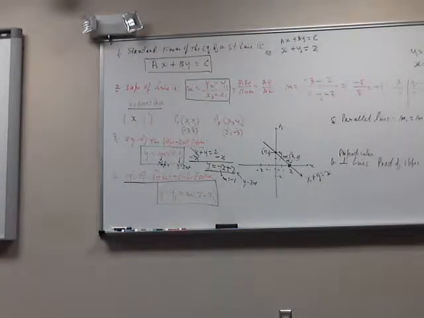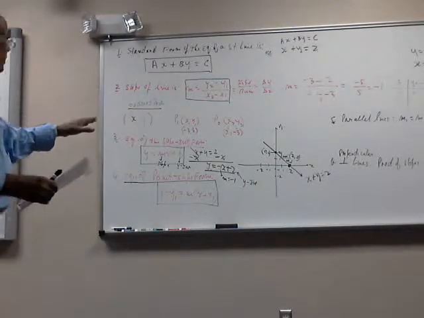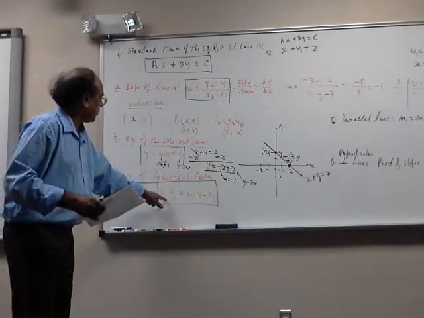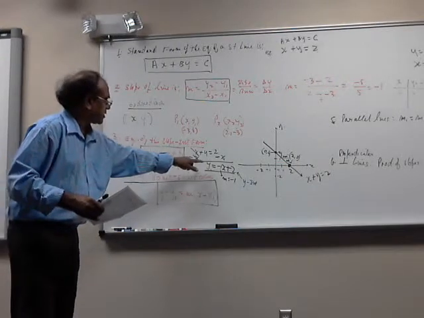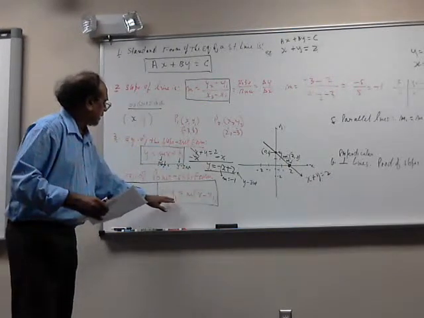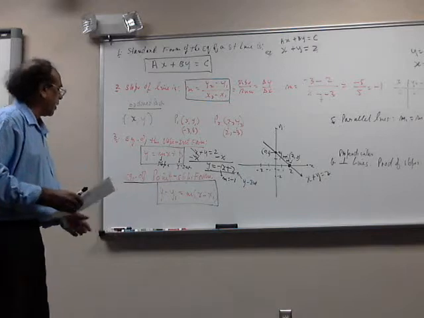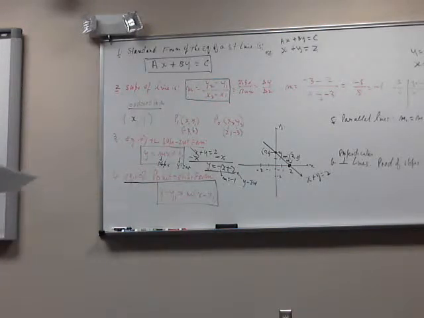Alright. Now let's go one step further and use this equation and put it in point-slope form. Here it is in slope-intercept form, and we can put it in point-slope form.